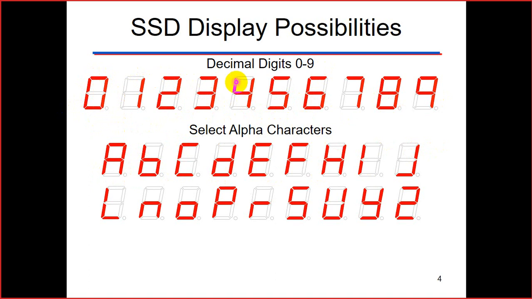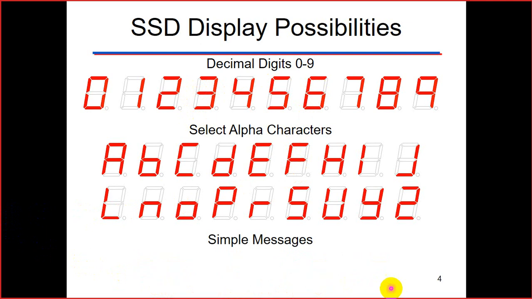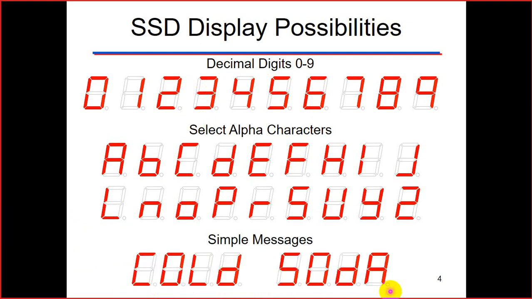Red color they are on, and white color they are off, and it makes different digits or alpha characters. So we have a sample message that is displaying over here called Shoda. By this way, you can display some messages by the 7-segment display.